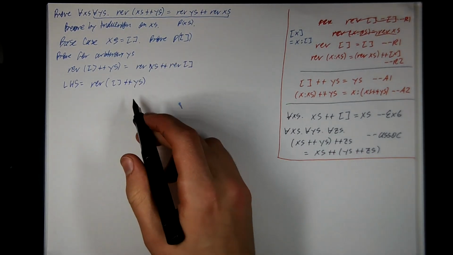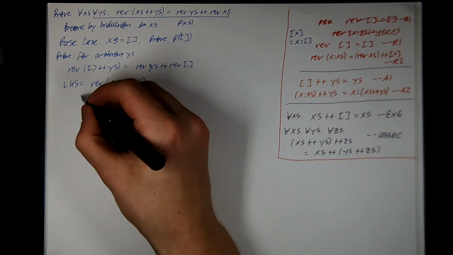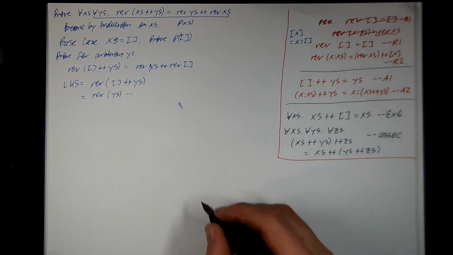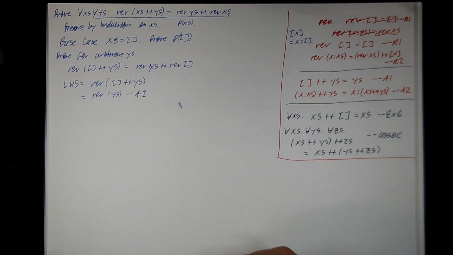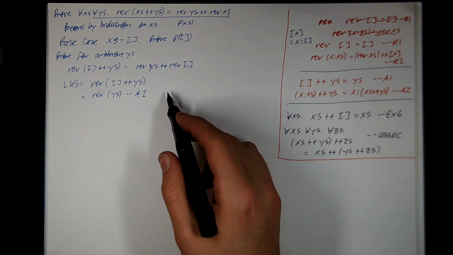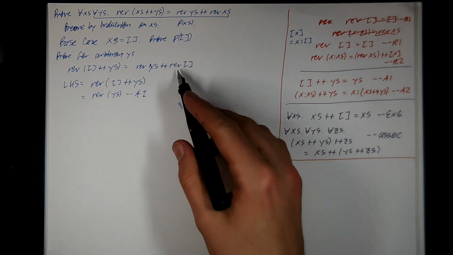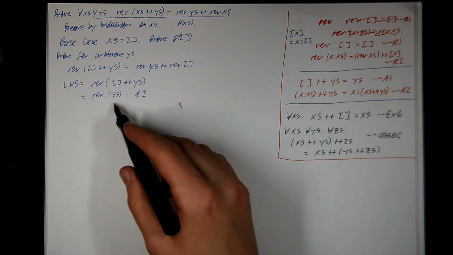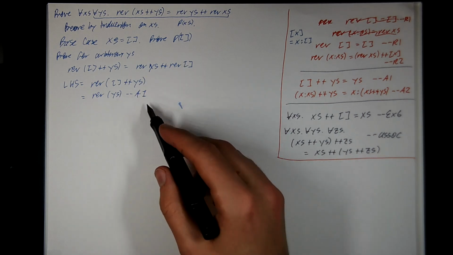Looking at the definition of concatenation, empty concat ys is ys, so this is just rev of ys by A1. Now I have to somehow add this empty list onto the end. We know rev of the empty list is empty, so the step before this last step will be rev of ys concat empty list.